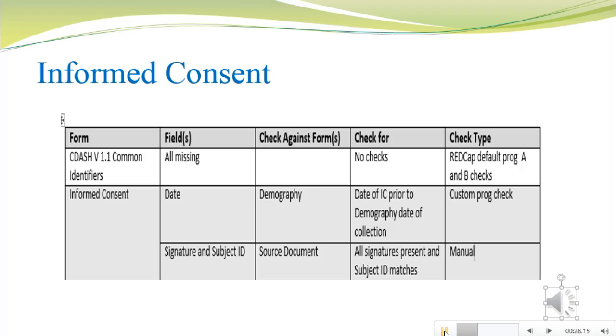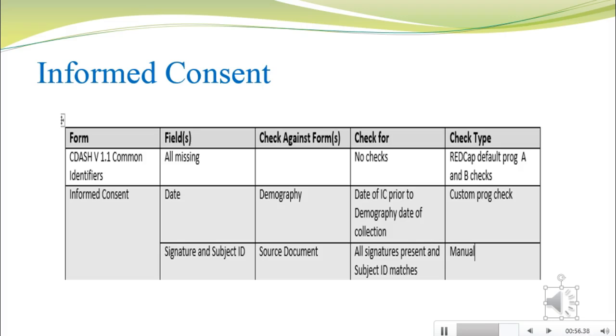However, for informed consent, we are doing some checking. For the date fields, we're checking that against demography, and we want to make sure that the date of the informed consent is prior to the date that we collected the demography data, because that's a GCP requirement. In order to do that check, I had to write a custom program to perform it. I could not use one of the default REDCap checks because they weren't built for that.